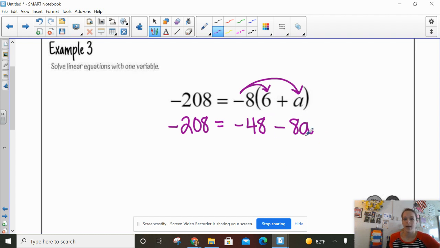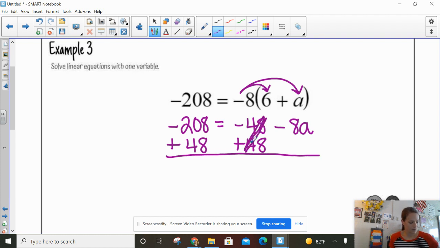All right, I want a by itself. So the first thing I'm going to do is get rid of this negative 48 by adding it. So always the opposite to the other side. They will cancel here. Negative 208 plus 48 is negative 160. And bring down the negative 8a.